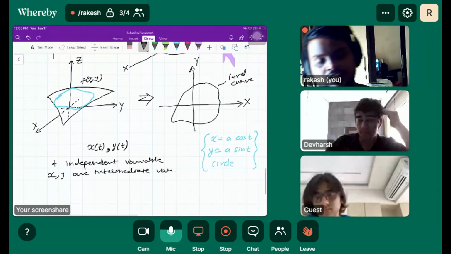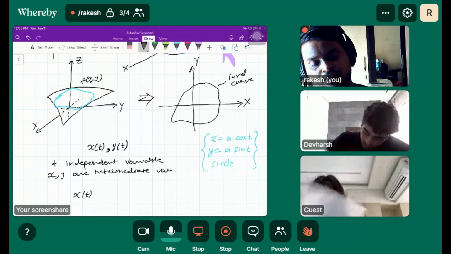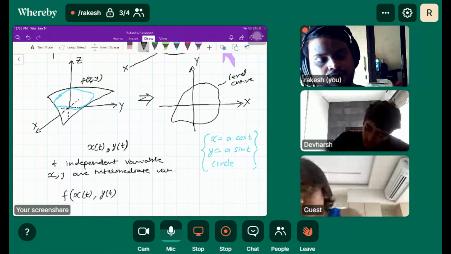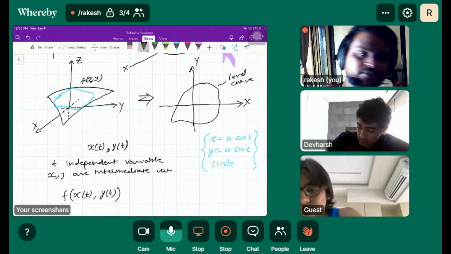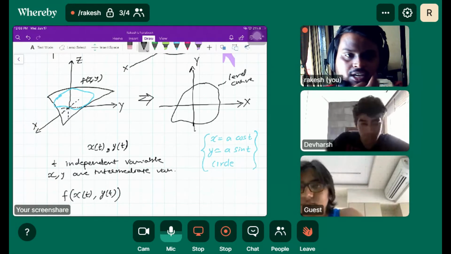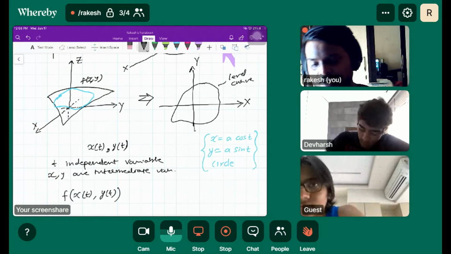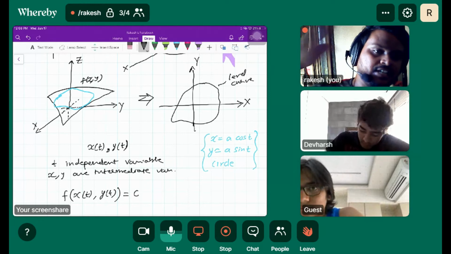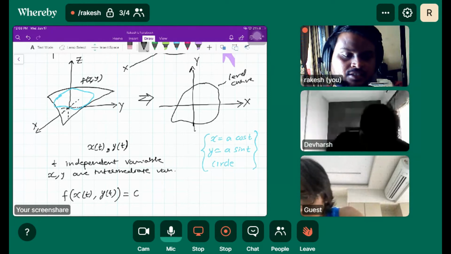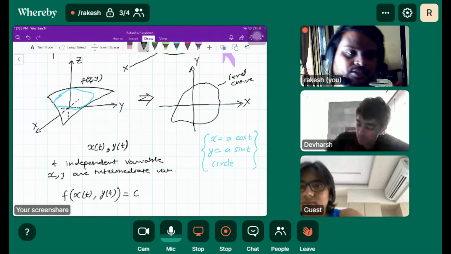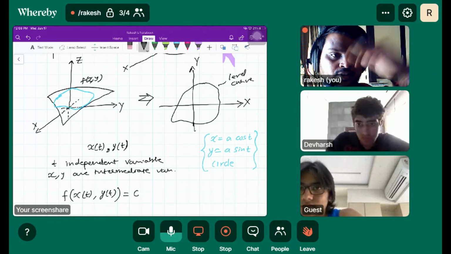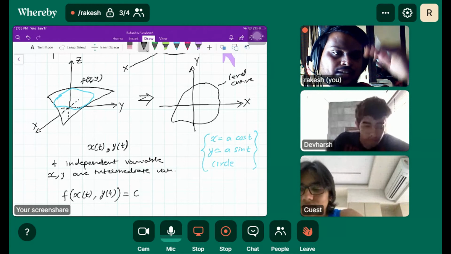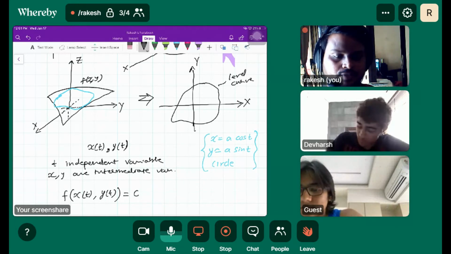So if I put this x of t comma y of t inside the function, this will satisfy it. It represents a level curve f equal to c at a certain height, a certain value of c. The level curve is cut at a certain height at regular intervals, and c is basically that height we are talking about.